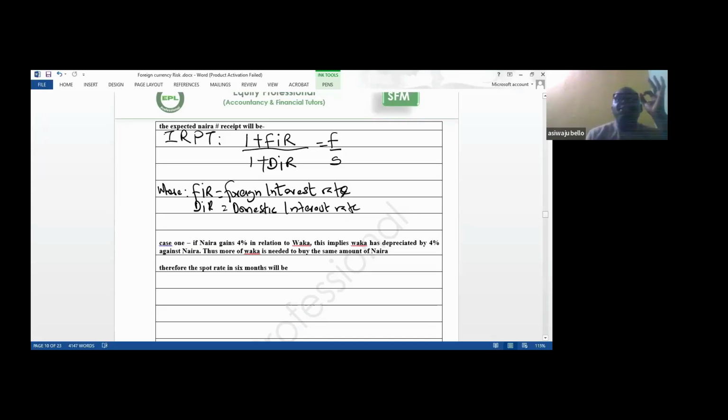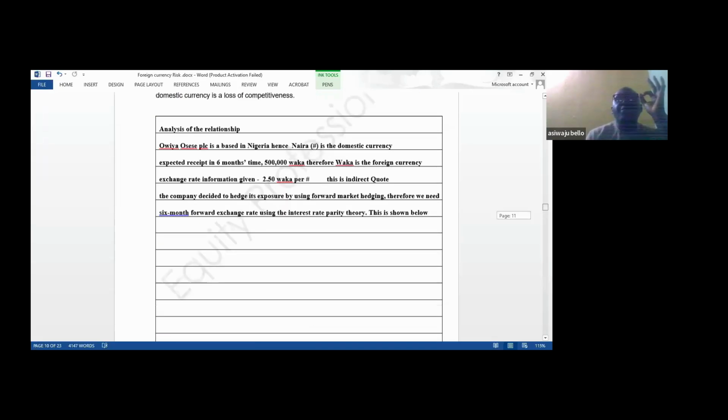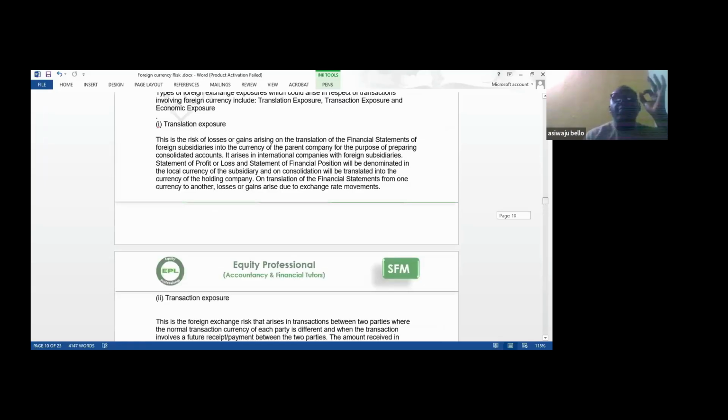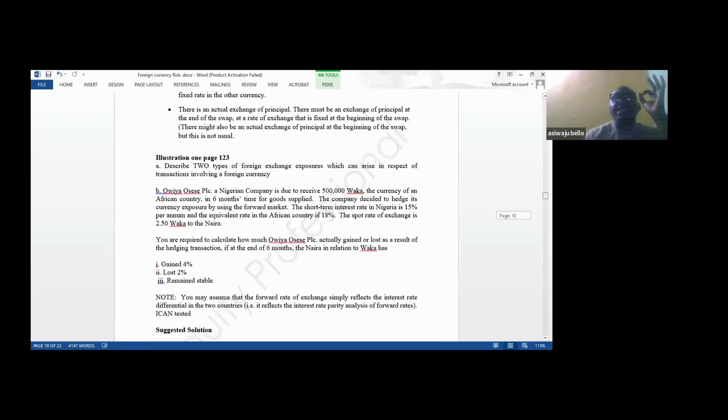Let's check the question. Interest rate in Nigeria, 15% per annum. The equivalent rate in the African country, 18% per annum.